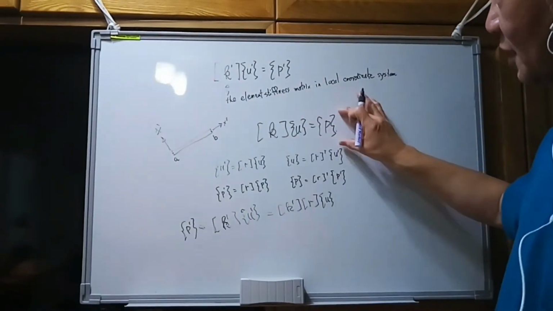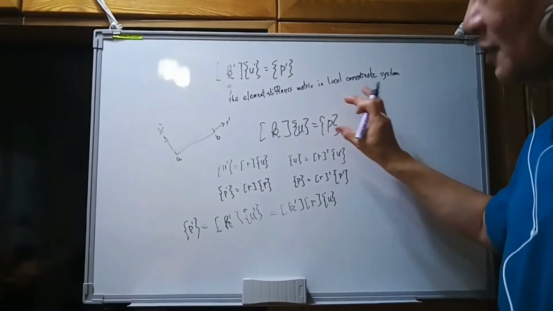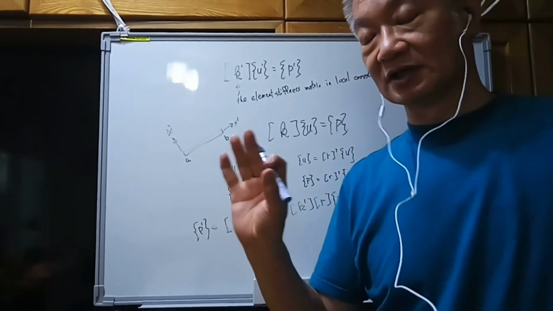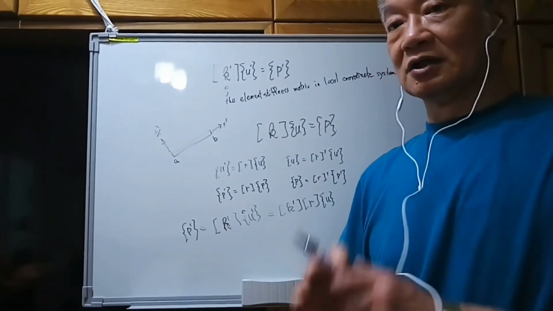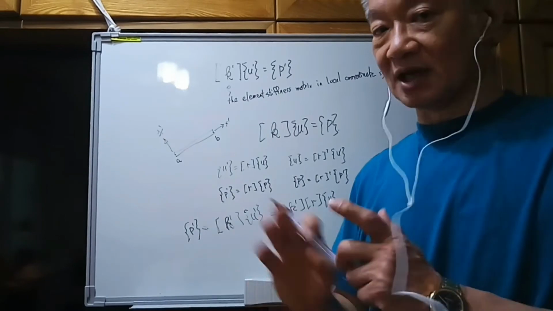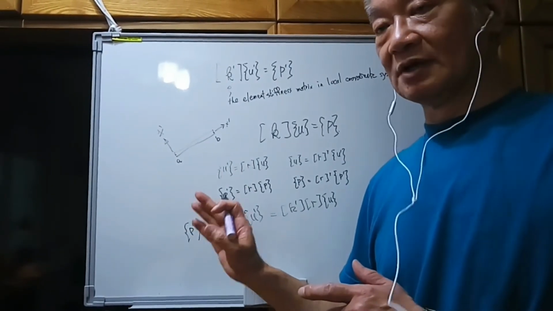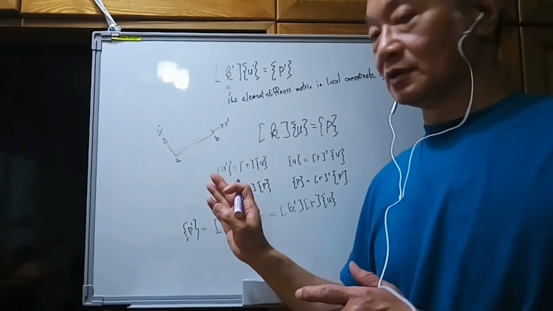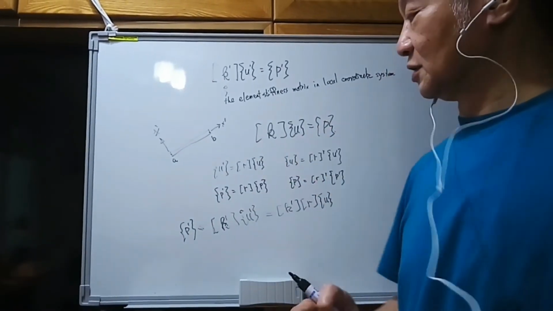But in these expressions, we like to get the P vector. The P vector, they are the force vector, the member end force vector in global components, not the P prime. The P prime, they are the member end force components in local coordinate system, but we like to get these.